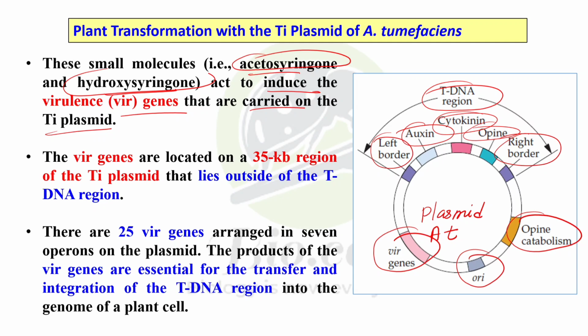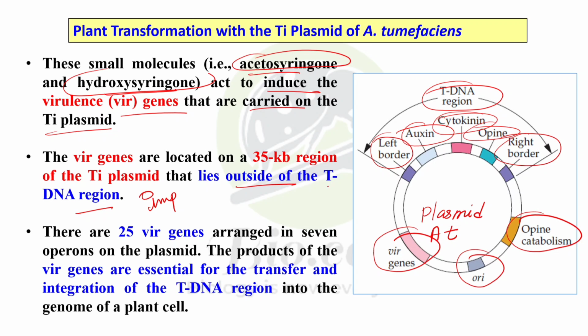So the vir genes are located on a 35 kilobase region of the Ti plasmid that lies outside the tDNA. Now again an important one, कि जो vir genes हैं वो outside of tDNA रहते हैं, opine catabolism is outside of tDNA, and opine synthesis gene is present within this tDNA region.